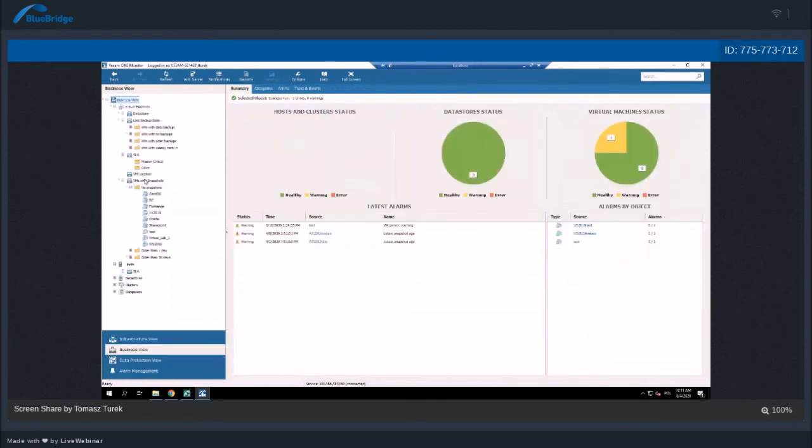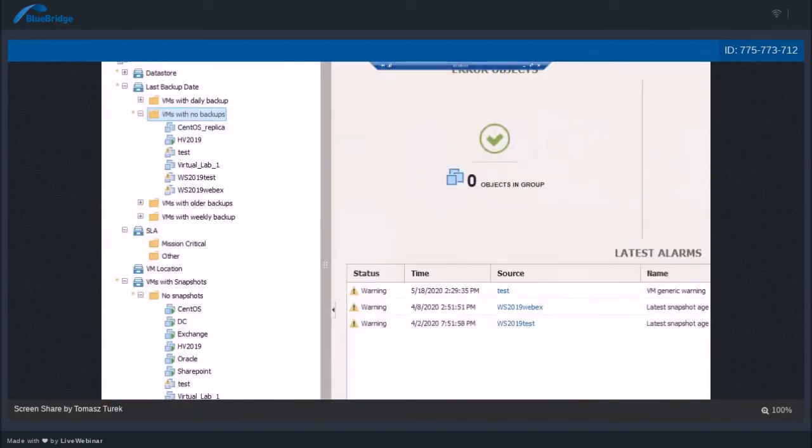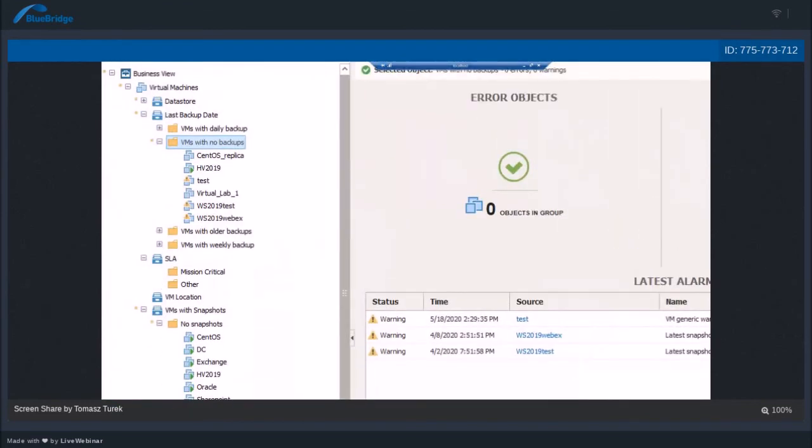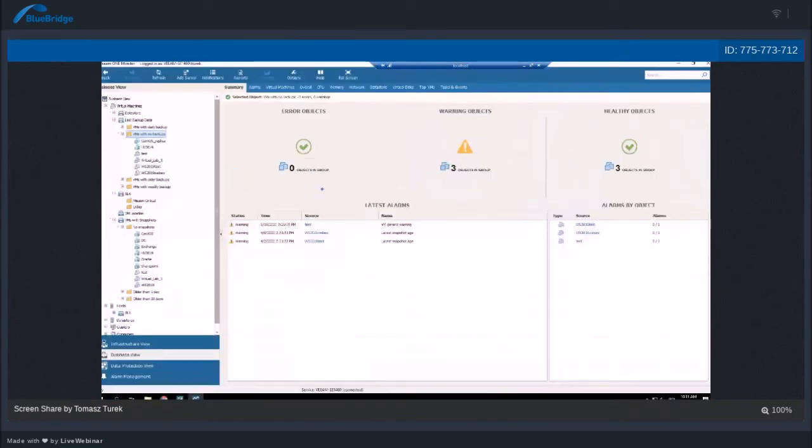Now, one of the things that are by default available in Veeam One, if you're also using Veeam Backup and Replication, are virtual machines with no backup. So you can immediately see which virtual machine has absolutely no backup job defined whatsoever. So if you already have this information, well, sorry, that's a very bad zoom that I've made here.